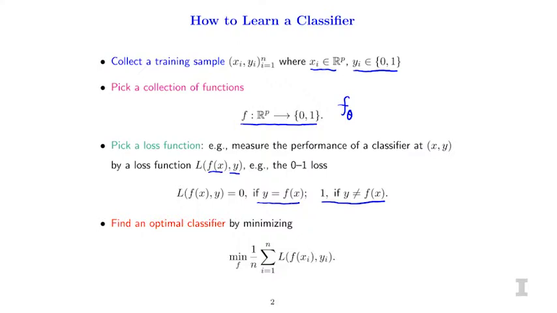And the last step is optimization, where we minimize this average loss over the n training samples, and that will return us the optimal function f, the optimal classifier. If our function is indexed by some parameter theta, then the last step basically becomes a parameter estimation problem. We want to find a set of parameters that minimize the empirical loss over the n training samples.